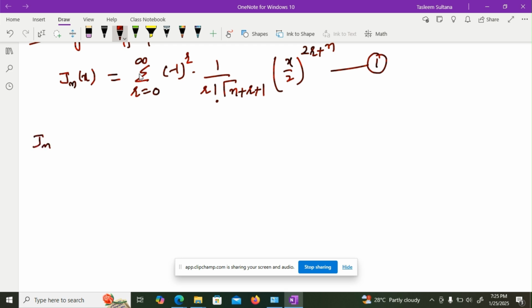J n of x is equal to, when r is 0, we are not going to open till infinity, 3 to 4 values we will open.